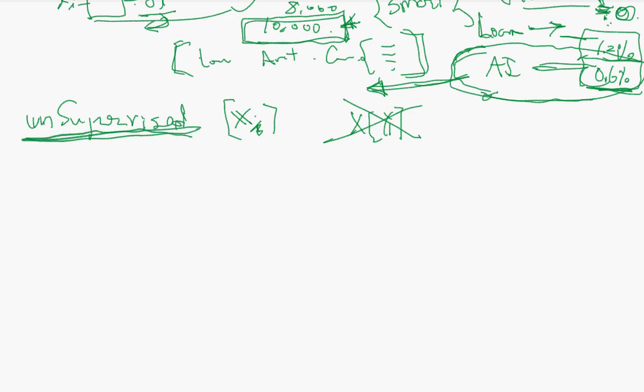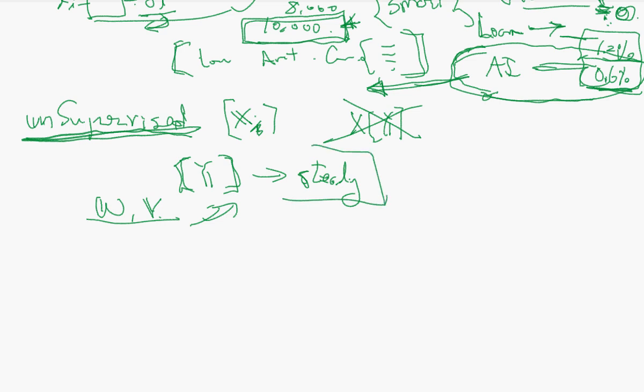You keep feeding, and until Y becomes steady, you keep feeding and modifying W and V, and you find the area where Y becomes steady, and what kind of Y you expect, like a pattern.